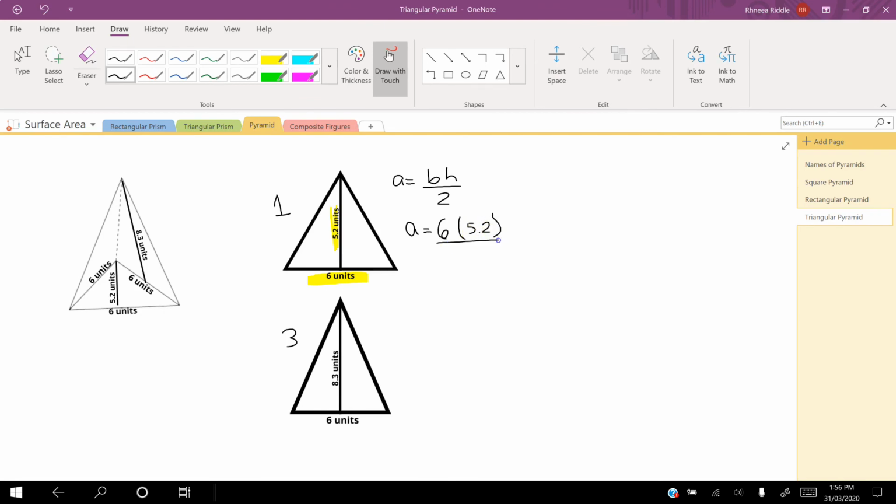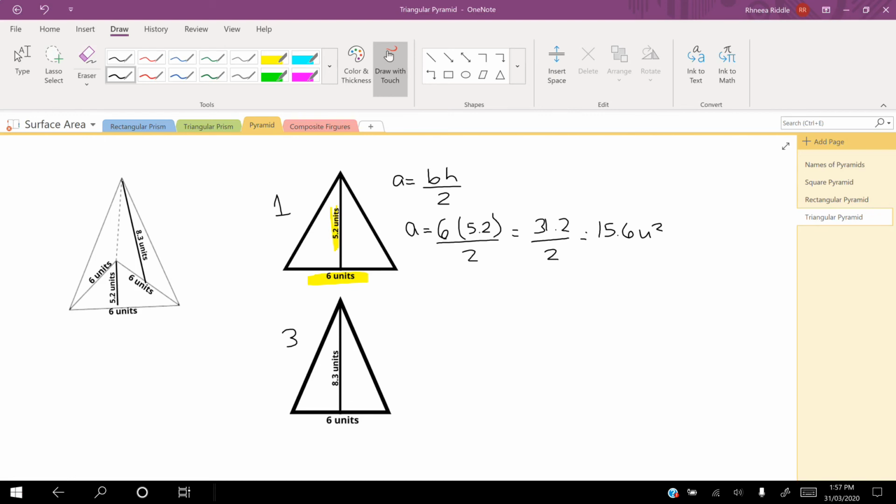And now we have to divide those by 2. So we can go ahead and multiply 6 by 5.2. And we do that, we get 31.2. We can divide that by 2 to get 15.6 units squared.